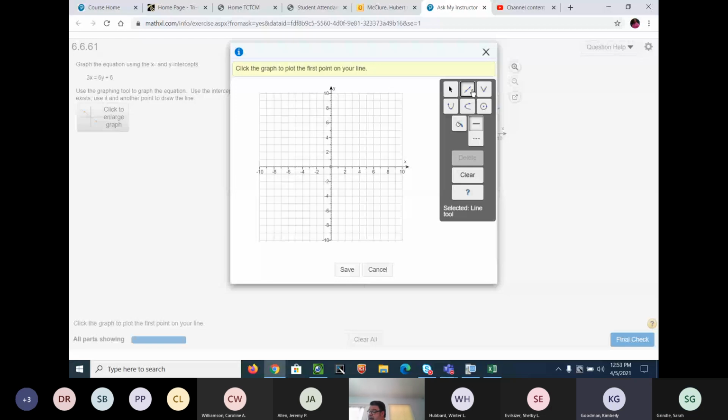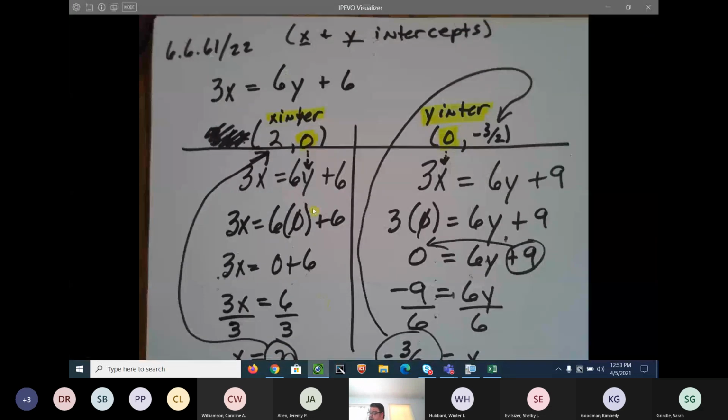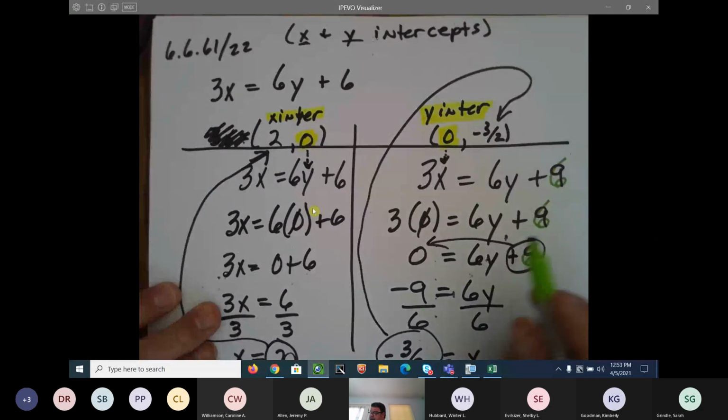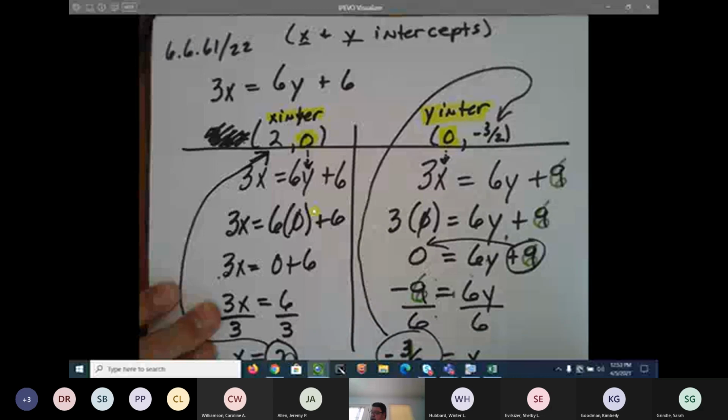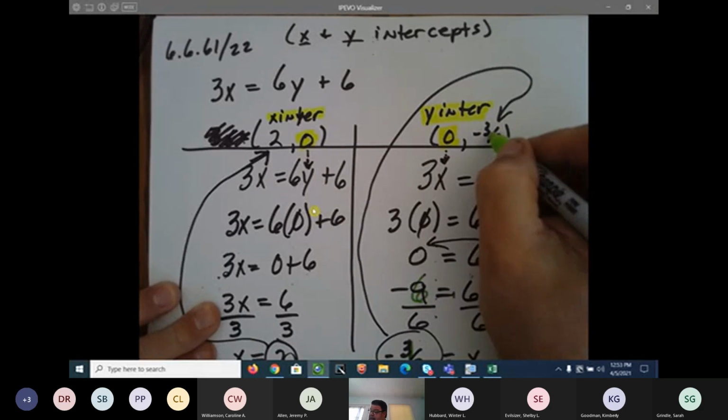I was trying to figure out what was going on. It's just my medication, I guess. I have no idea where 9 came from. I apologize. That's supposed to be a -6. There we go. I got -1. How's that? Is that better?